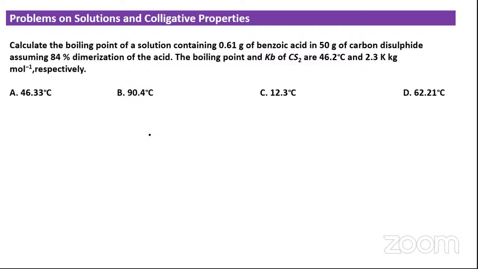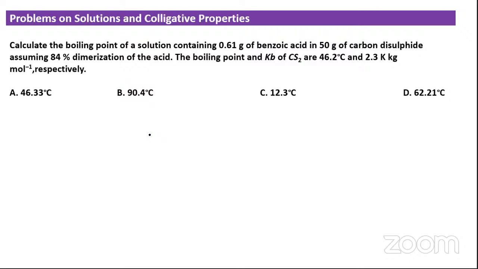Simple formula based question, delta Tb is equal to i into m into Kb. You have to find the value of i first, van't Hoff factor की value निकालिए using that 84% dimerization thing. Once the value of i is known, simple है. I want the answers from you quickly under 5 minutes.